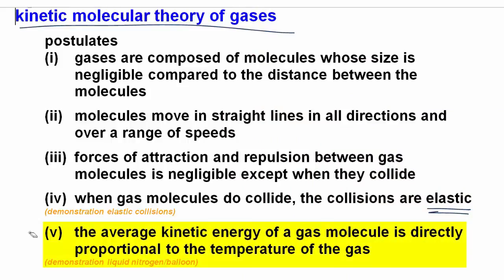The average kinetic energy, in other words, how fast a gas molecule is moving, is directly proportional to the temperature of the gas. So the higher the temperature of the gas, the higher the average speed of these gas molecules. And we've seen that before with liquid nitrogen and a balloon.